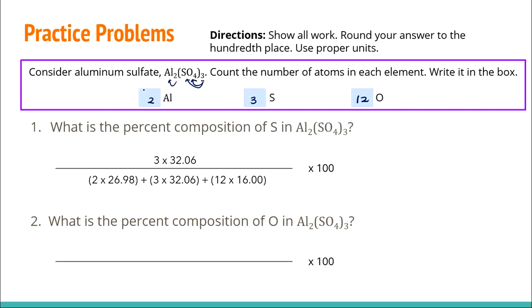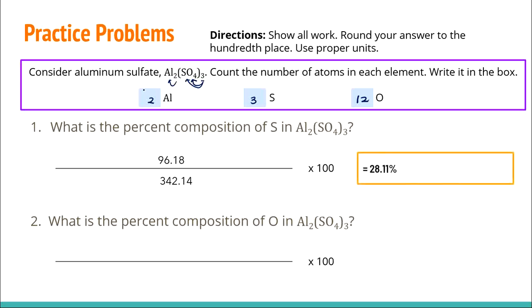So go ahead and put that into your calculator. Determine the numerator and the denominator. I got 96.18 for the numerator, and for the denominator I got 342.14. You divide, then multiply by 100, and how much sulfur is in aluminum sulfate? 28.11%.